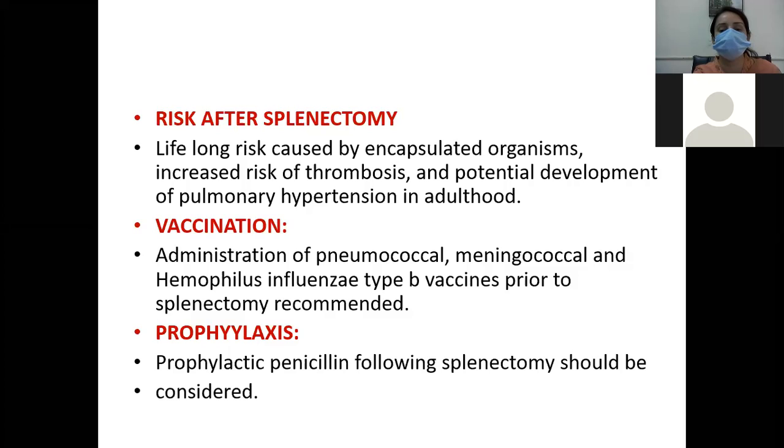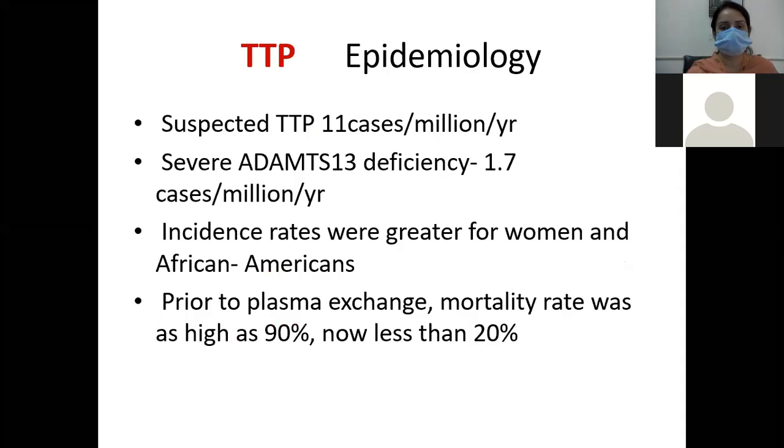Administration of pneumococcal, meningococcal and H influenzae type B vaccine should be done before we recommend the splenectomy in these patients. So vaccination is very important in these patients. And prophylactic penicillin following splenectomy should also be considered.